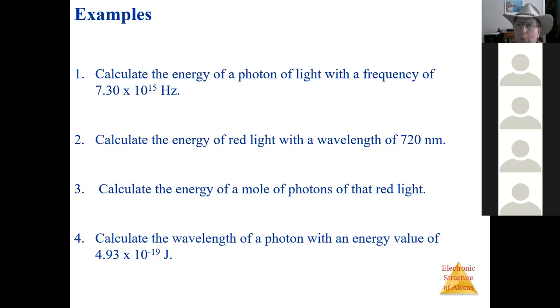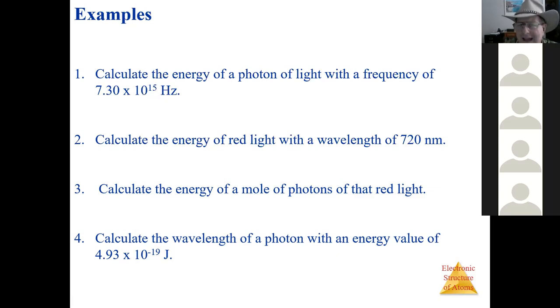Lambda is the wavelength. But in order to do that, do you have to do something with the nanometers? Convert it to meters. Yes, because the speed of light is meters per second. So you convert the 720 to meters. That would be 7.20 times 10 to the -7th.